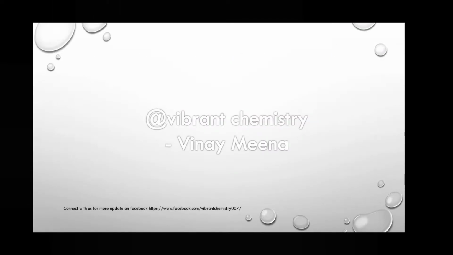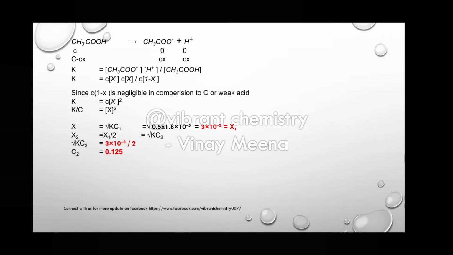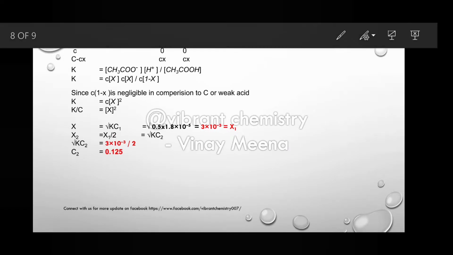Now, when I write down the expression for the dissociation of the acid, I get acetate ion and H positive ion. Let's say initially the concentration of the acid was C, and at that point there was no dissociation, so the concentration of acetate and H positive was 0.